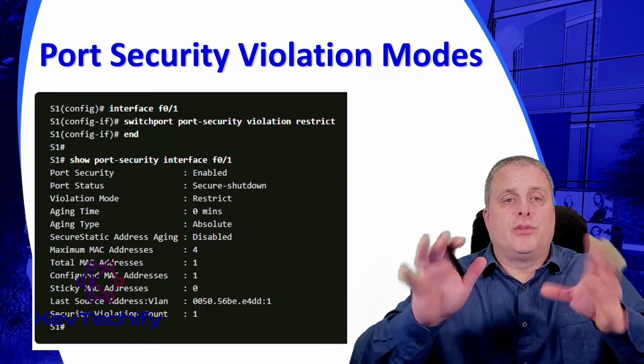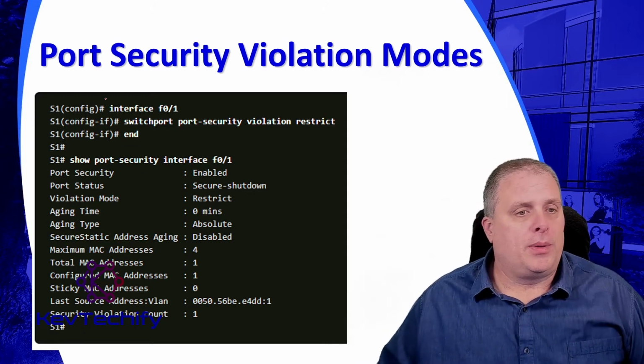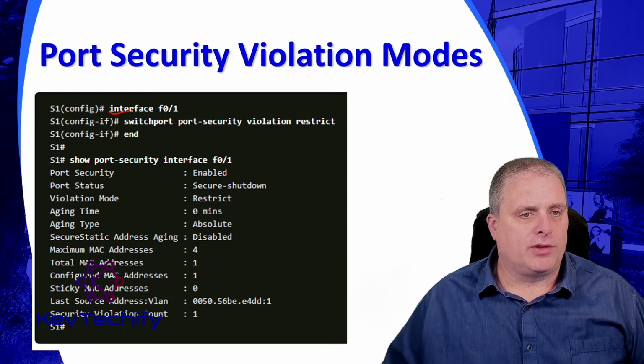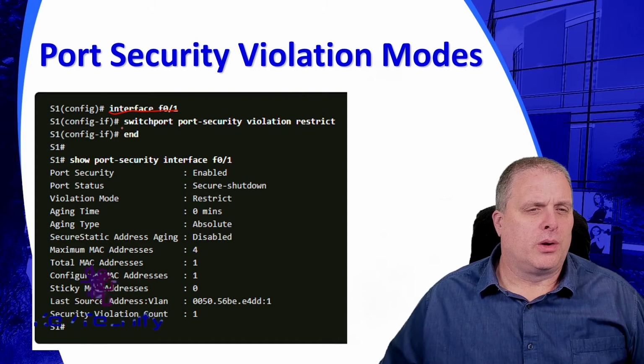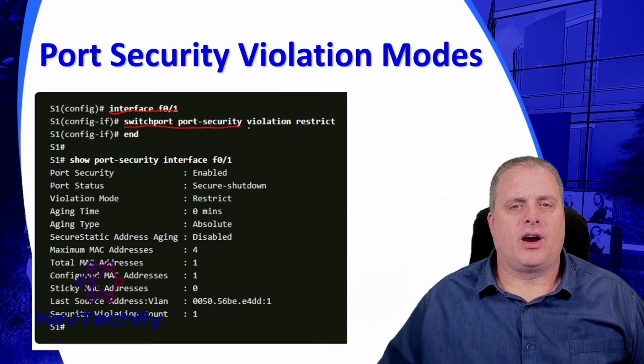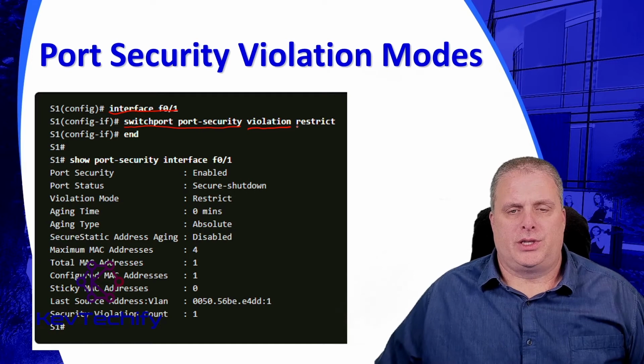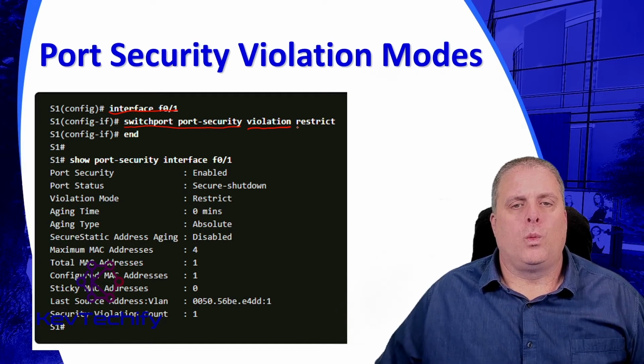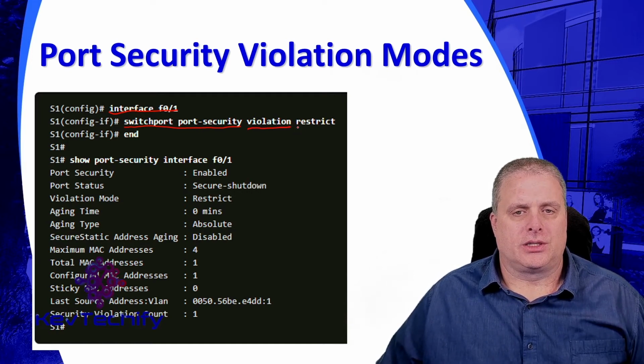Here's an example of the port security violation. Up here, we're going to go ahead and set it up. Once again, we have to go into an interface. Then we're dealing with the switchport portion of that. We're dealing specifically with the port security. And then for our violations, we're going to restrict it. Restrict means we're only going to have the number of MAC addresses allowed.